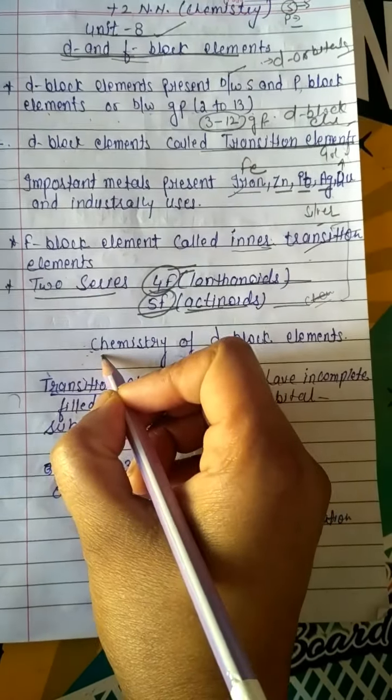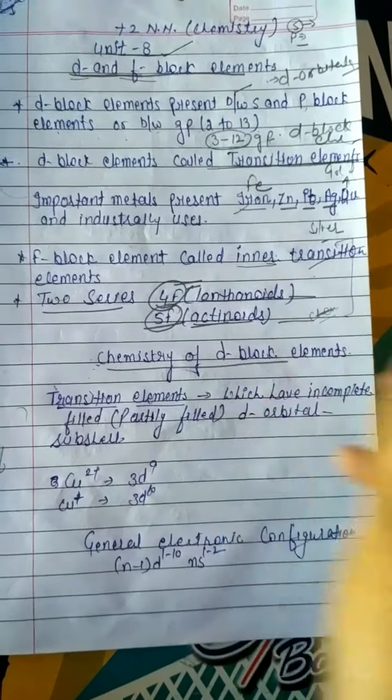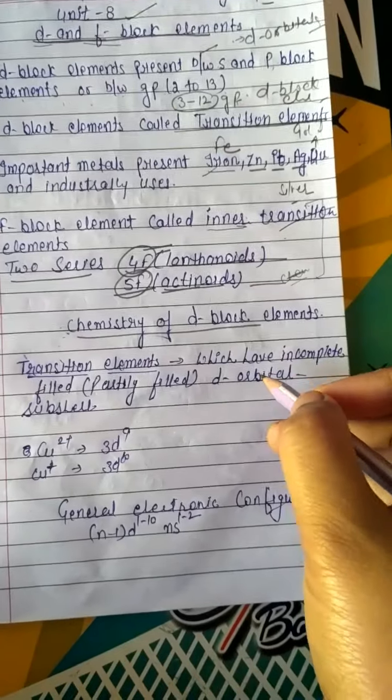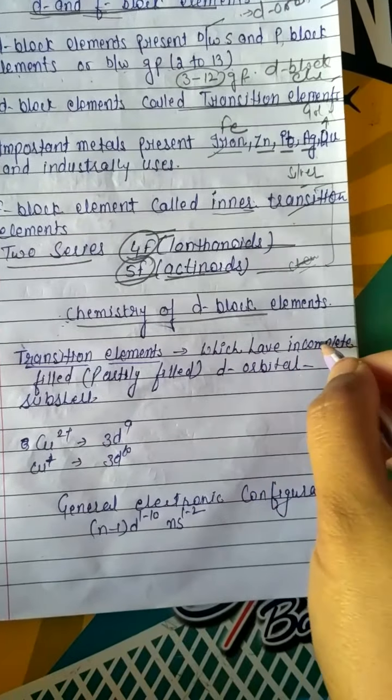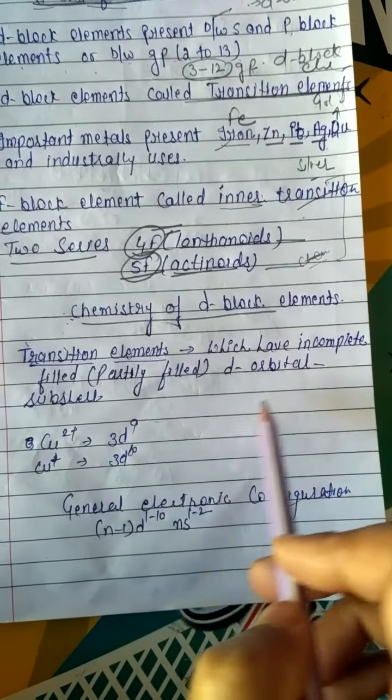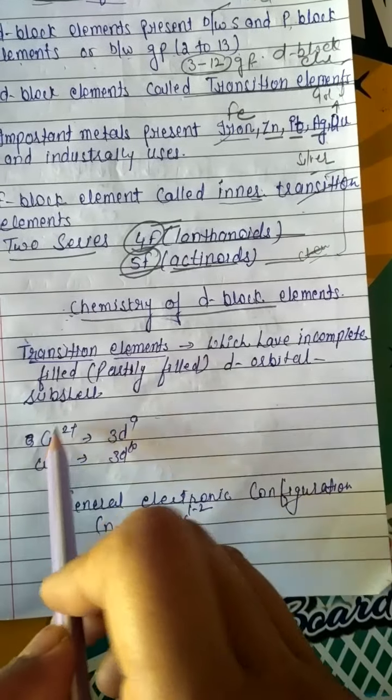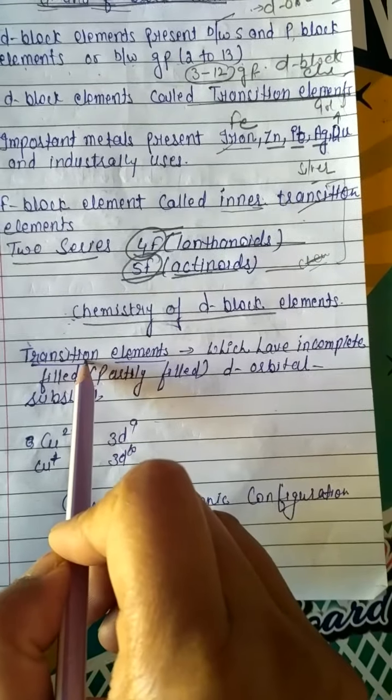Now, what is the chemistry of D block elements? Transition elements are those which have incomplete or partially filled d orbitals or subshell. Firstly, we discussed that D block elements are called transition elements.